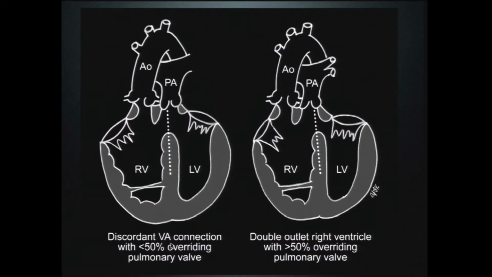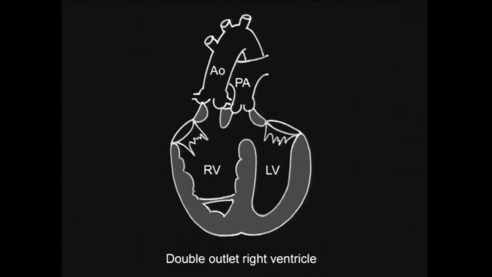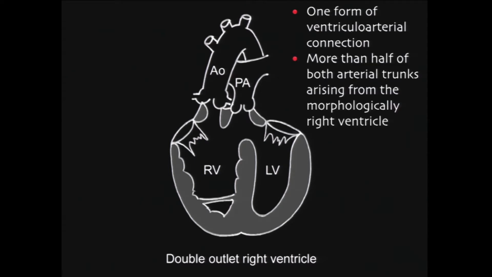So be sure that the 50% actually is more formality rather than real surgical or functional significance. Anyway, double aortic right ventricle we define again as one form of ventricular arterial connection in which more than half of both arterial trunks arise from the morphological right ventricle.